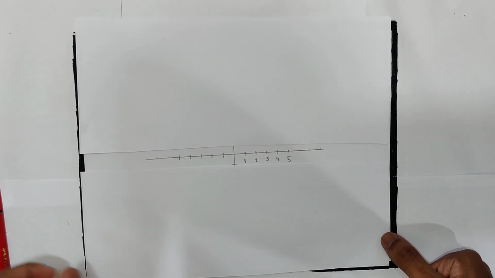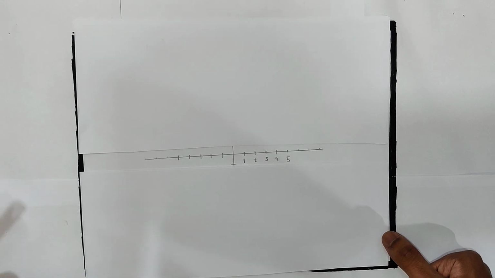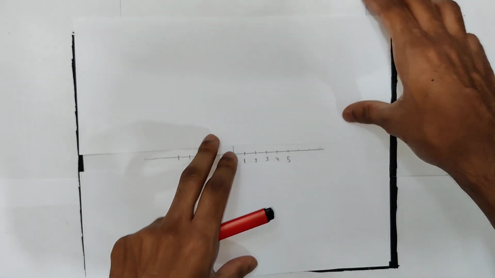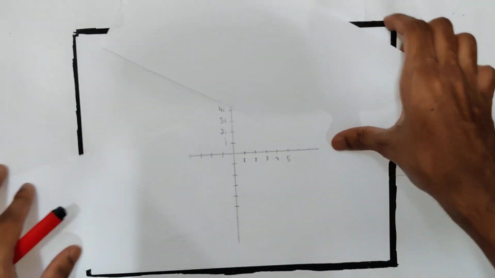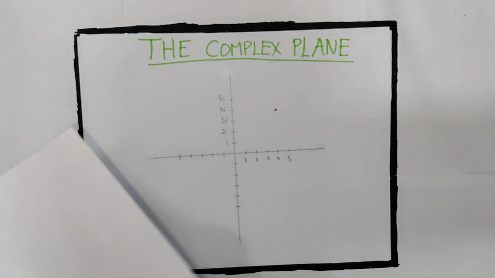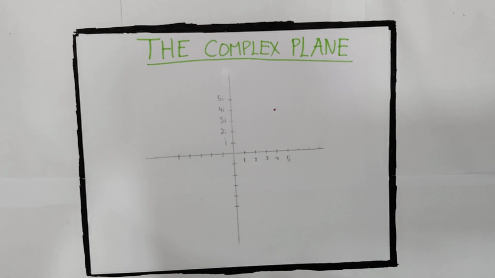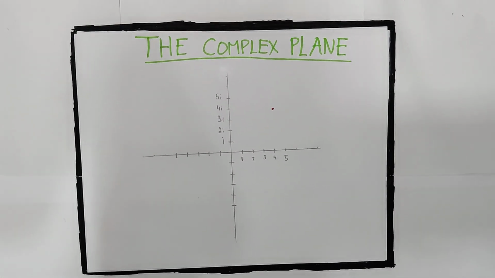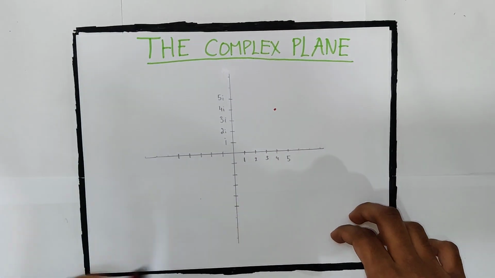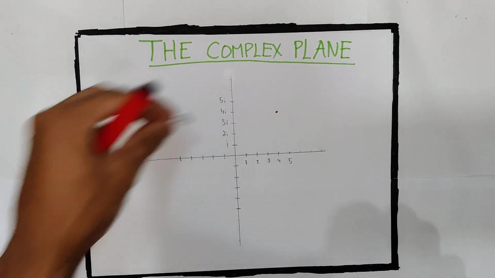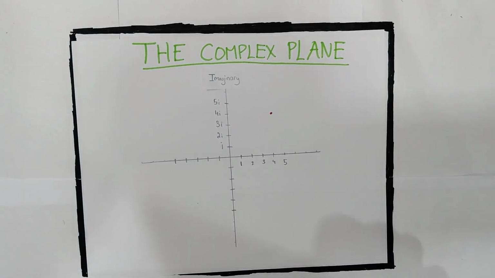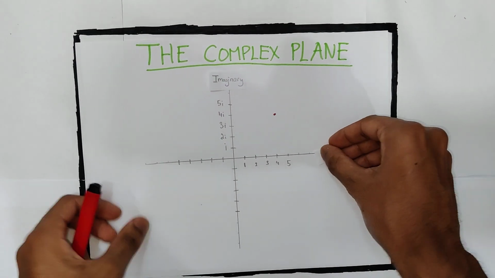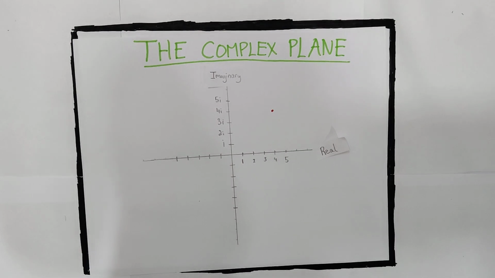Well, if we add another dimension to it, just like in a regular xy diagram, we have what is known as the complex plane. So what happens is the y-axis becomes the imaginary component, and the x-axis is the real component.